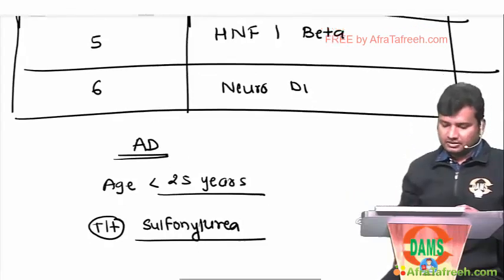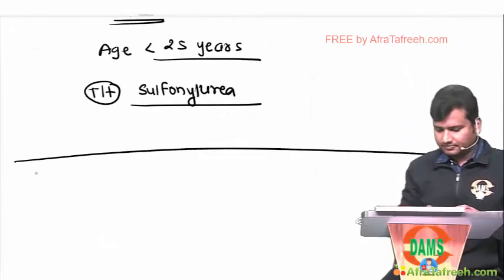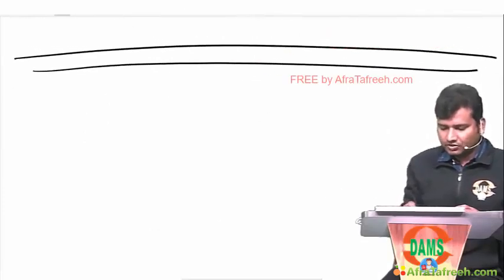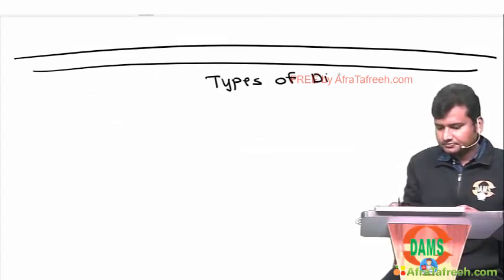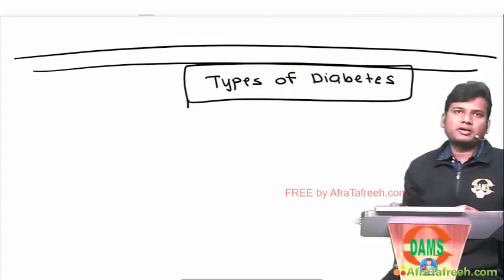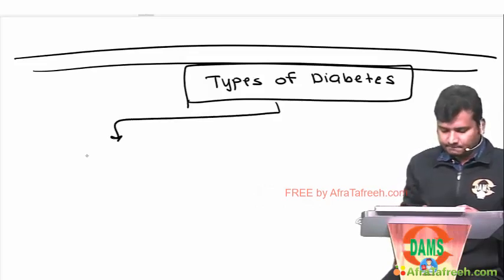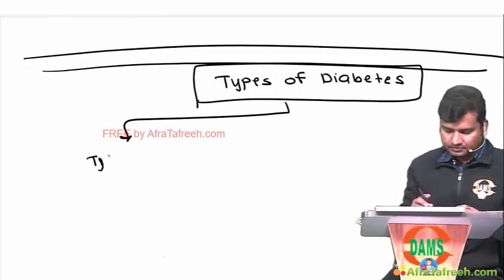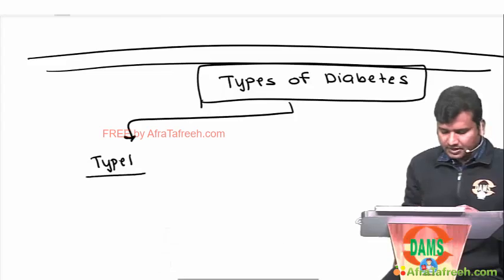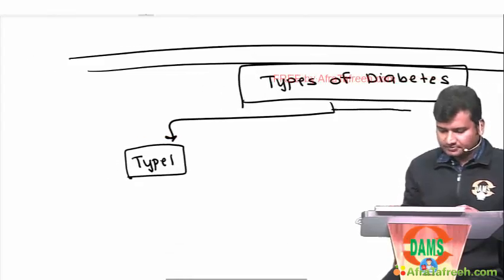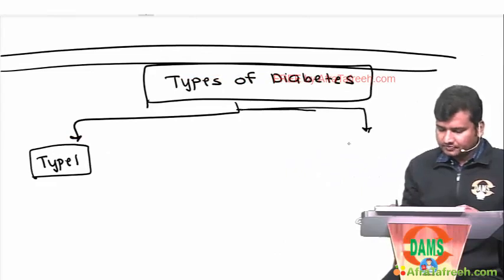Now, types of diabetes. Give the heading, types of diabetes. There are mainly 2 types of diabetes, type 1 diabetes and type 2 diabetes.